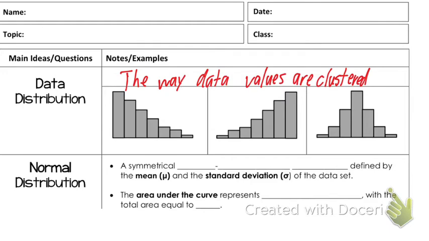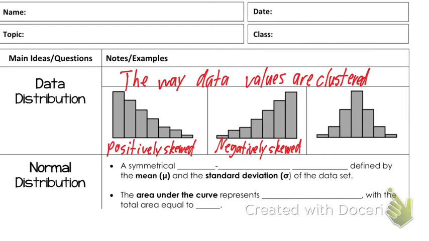The first one on the far left is called positively skewed, meaning the bulk of the data is to the left. On the right is called negatively skewed, where the bulk of the data is to the right.